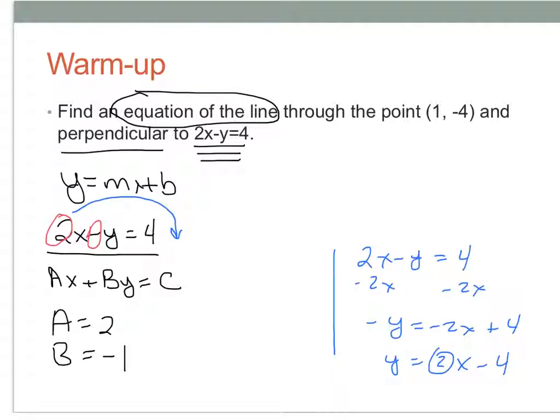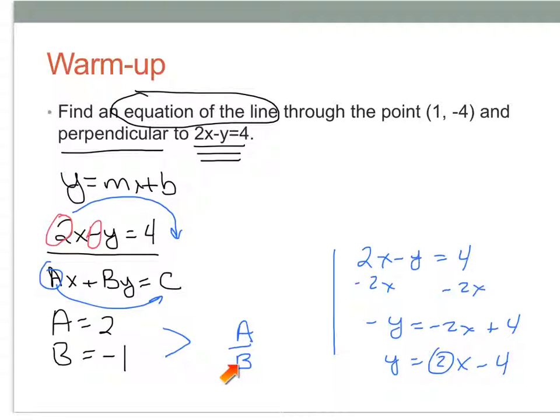But sometimes a quicker way is to understand the pattern: if A is going to move over to the other side, it's then going to be divided by B. So if we create a formula, a pattern that allows us to find slope quickly, I take A over B, because A is what's in front of x, and that's being divided by what's in front of y.